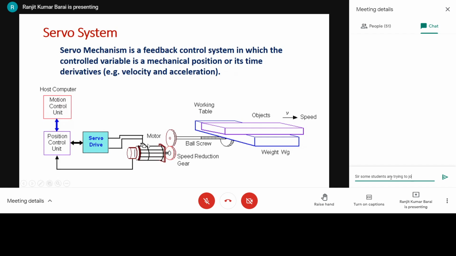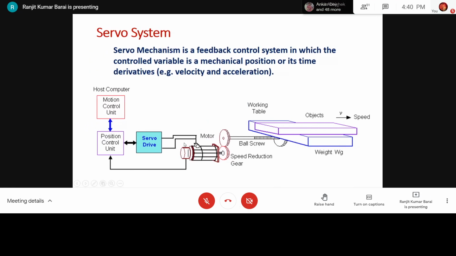The power supply of the motor is coming from a device called servo drive, and the position is being sensed by some sensor here, and that is fed to the control system. The control system is getting a motion command from a host computer, and it's generating the control input, and that is amplified by the servo drive, and that is giving the power supply to the motor.